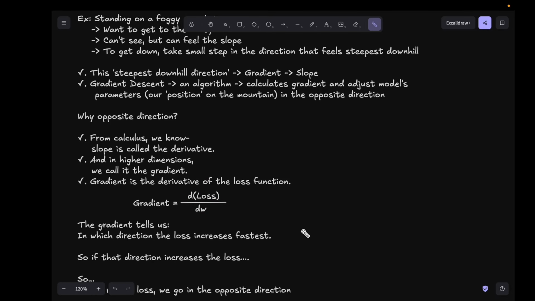The gradient tells us in which direction the loss function increases fastest.